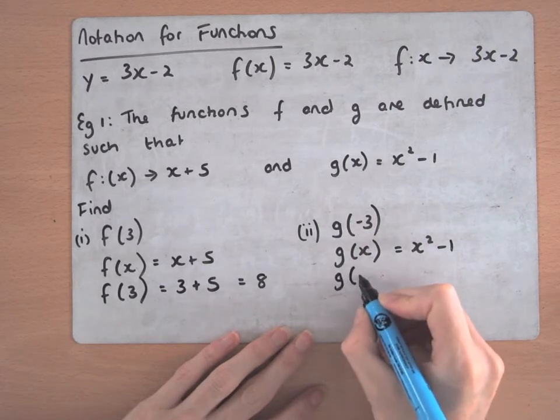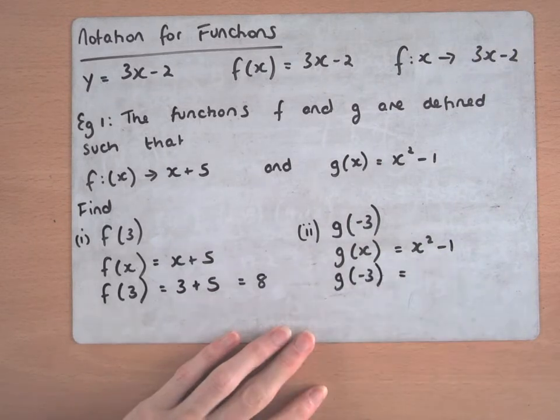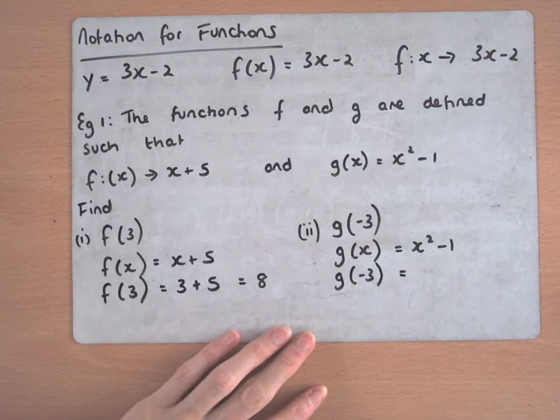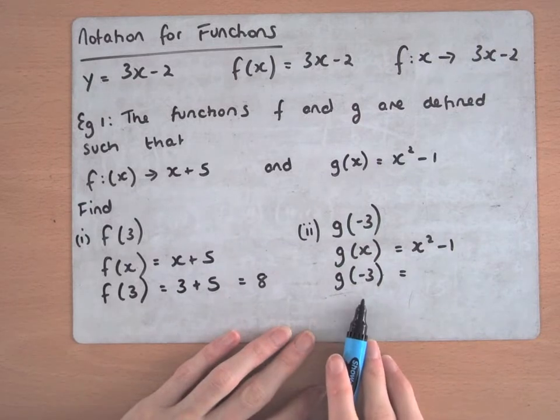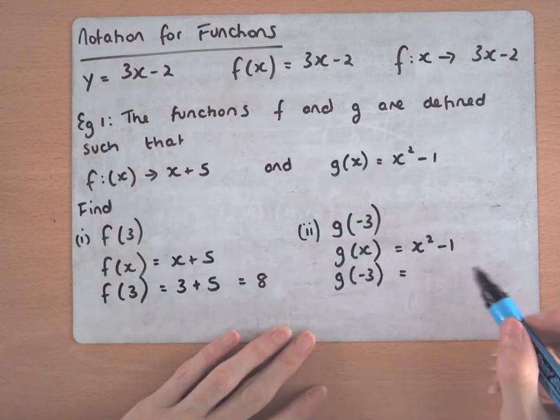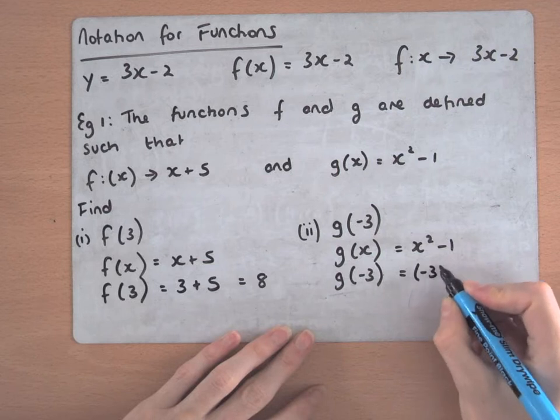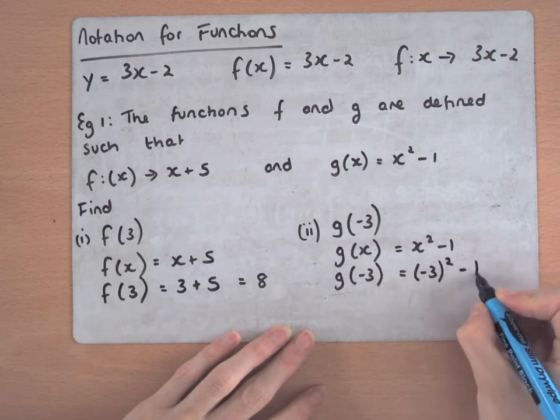G of minus 3. What do I have? I have minus 3 instead of x, so put in minus 3 instead of x.